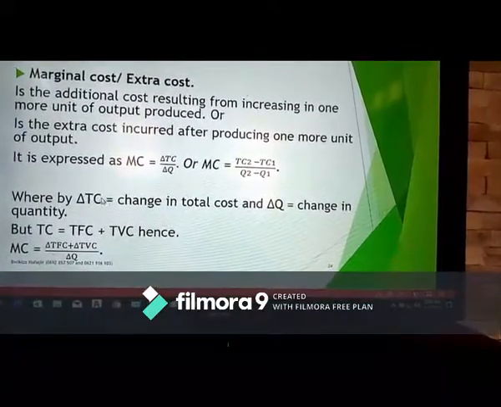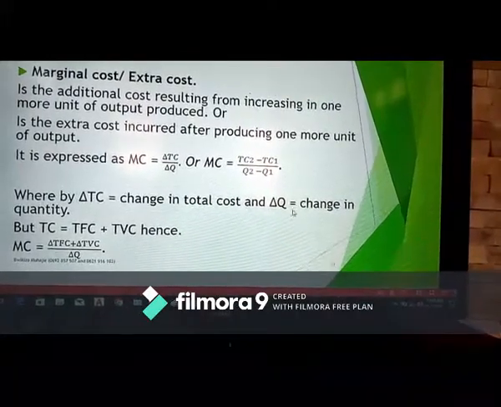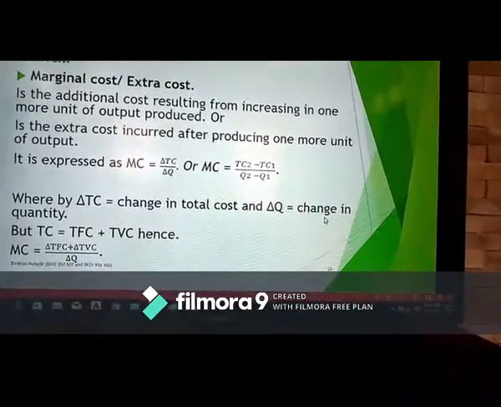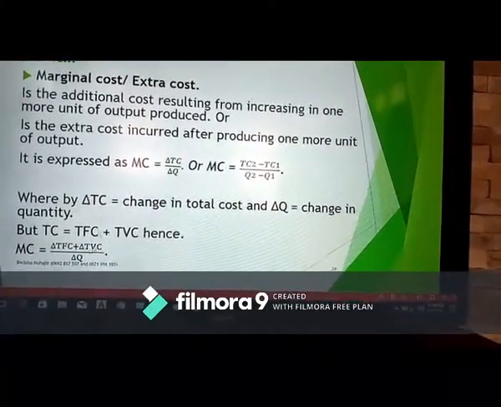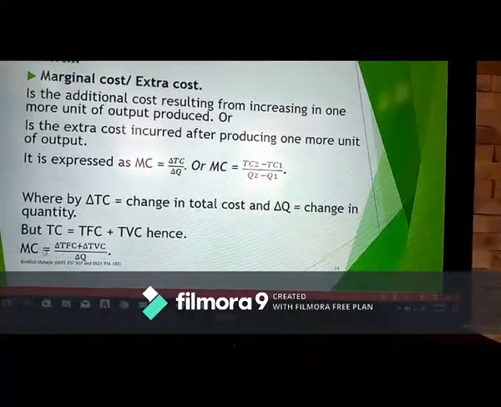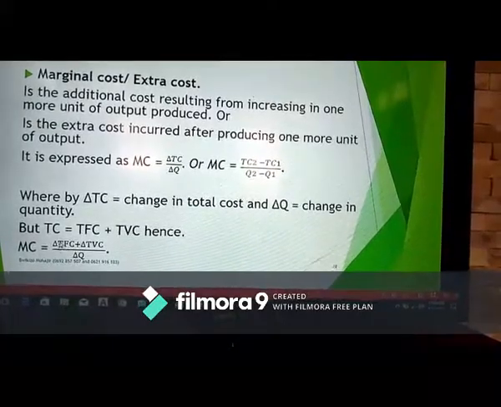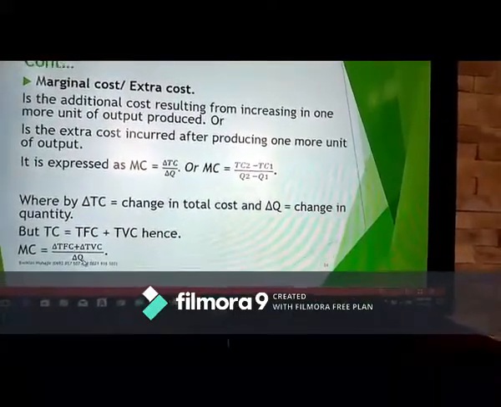Whereby change in TC means the change in total cost, and change in Q means change in quantity. But total cost equals total fixed cost plus total variable cost. Hence, marginal cost equals change in total fixed cost plus change in total variable cost over change in quantity.